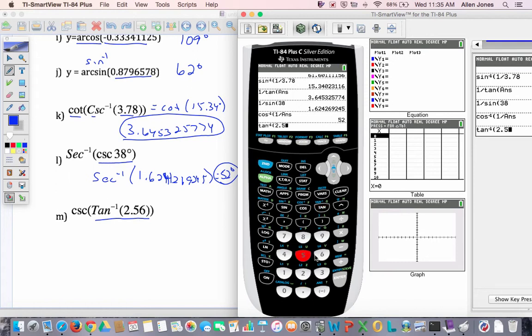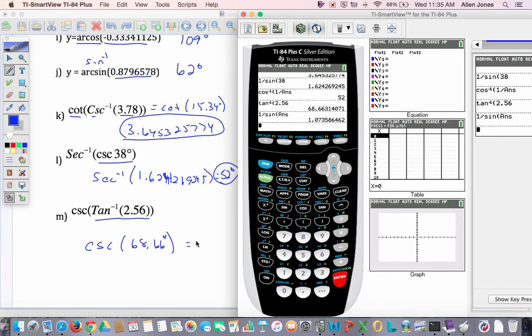And one more time, inverse tangent of 2.56. 2.56 is a ratio. Tangent's already on here, so 2.56 is an inverse tangent, converts us to an angle, gives us the cosecant of 68.66 degrees. That's a degree measure, so we convert degrees over by doing 1 divided by the sine of that angle, and that gets me about 1.07359.